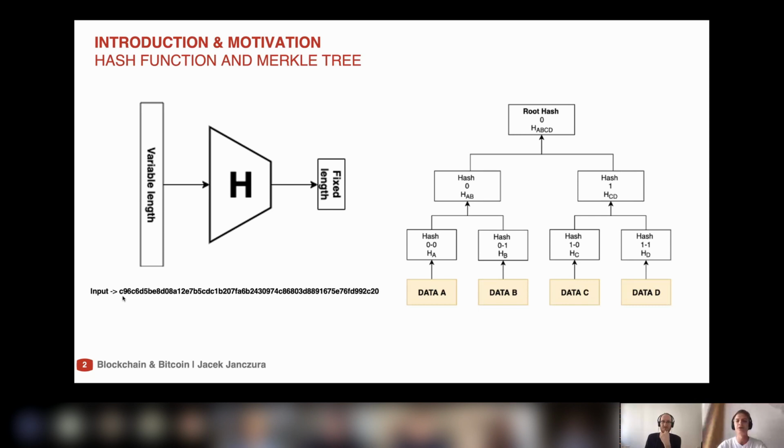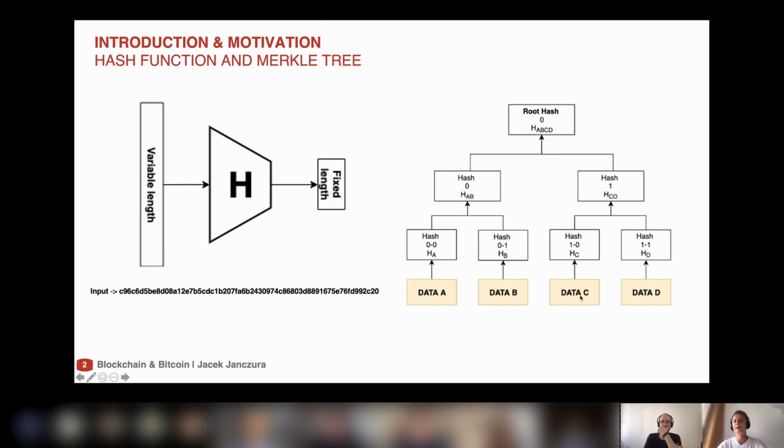The other very important basic thing is a Merkle tree and fast integrity checks. A Merkle tree is a tree of hashes. So we've got data A, B, C, D, and we hash data A, we hash data B. We've got both hashes here, and we then hash those hashes into hash AB.